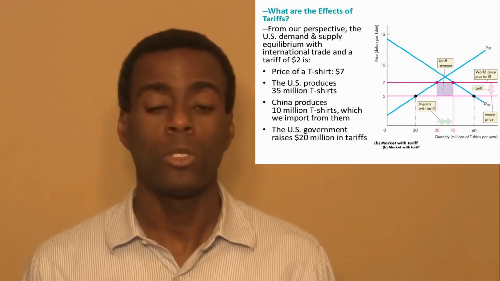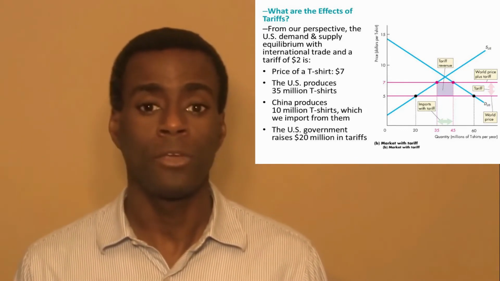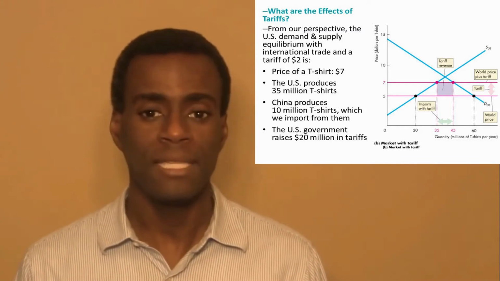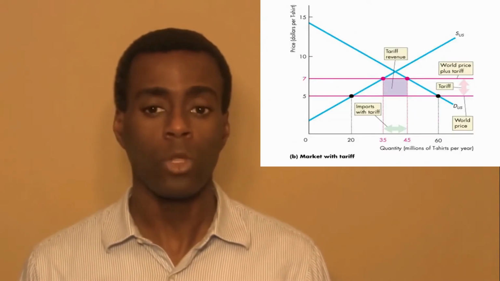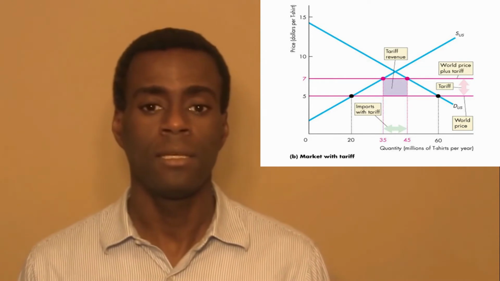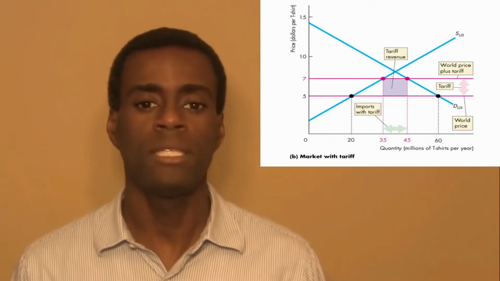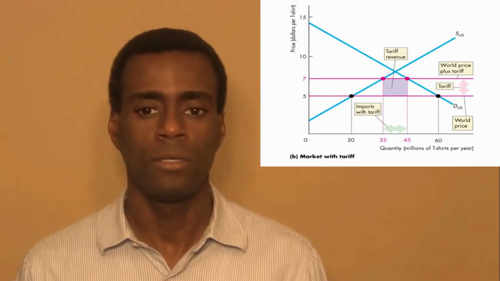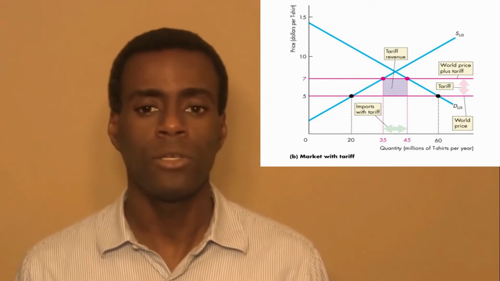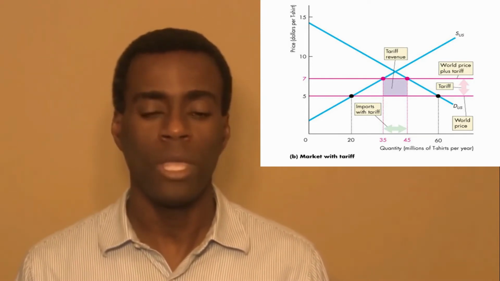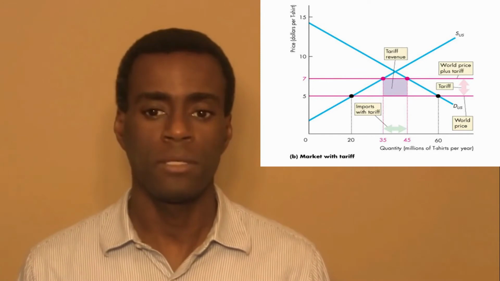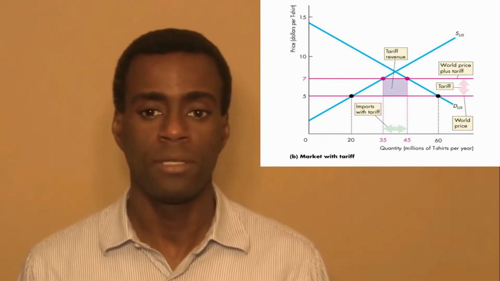If we take a closer look at the graph that explains tariff, we understand that a few things happen when tariffs were imposed. First, fewer US consumers were able to purchase t-shirts because they became more expensive.